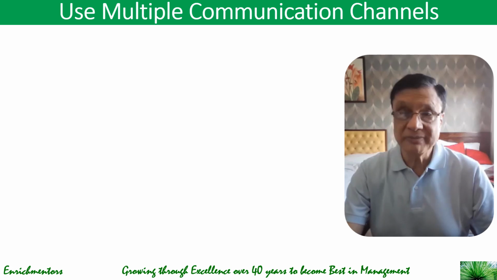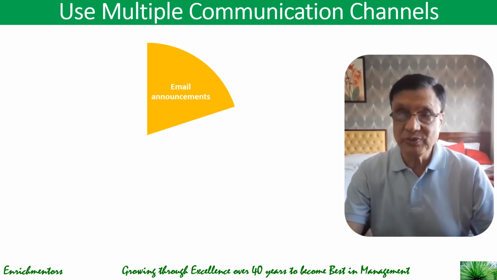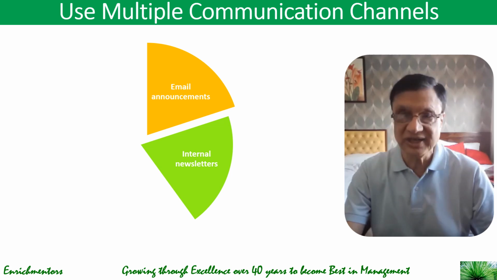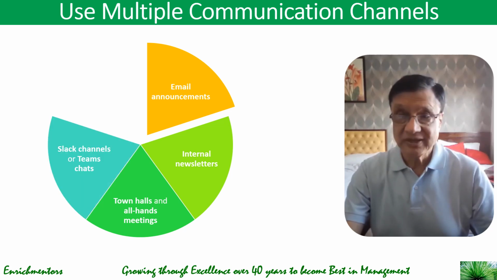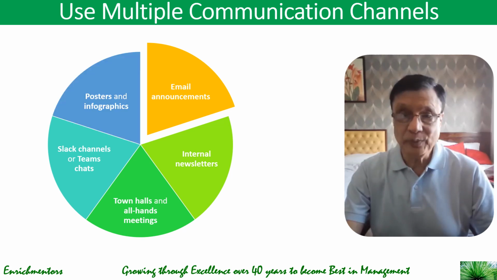You need to use a mix of communication methods that includes email announcements with key messages about Agile HR, internal newsletters featuring success stories from teams already using Agile HR, town hall and all hands meetings where leadership explains the shift and answers questions, Slack channels or team chats with real-time updates and discussion, and posters and infographics in the office or internal platforms that can visually explain the benefits of Agile HR.